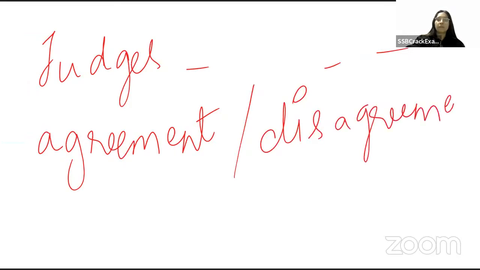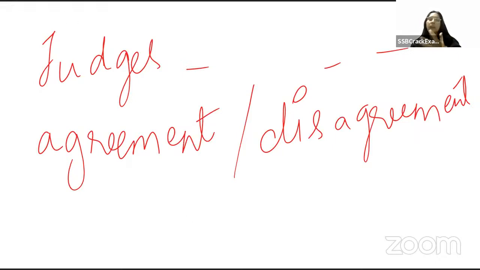And if there's a disagreement, it's pretty obvious that the rules for these two situations would be completely different. That's what I'm trying to say.